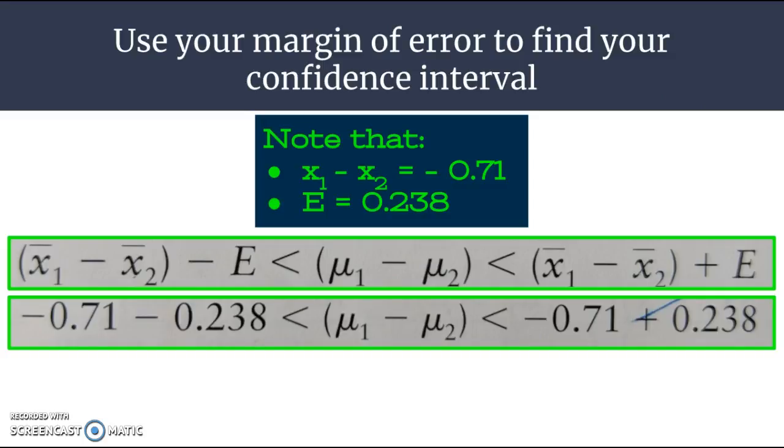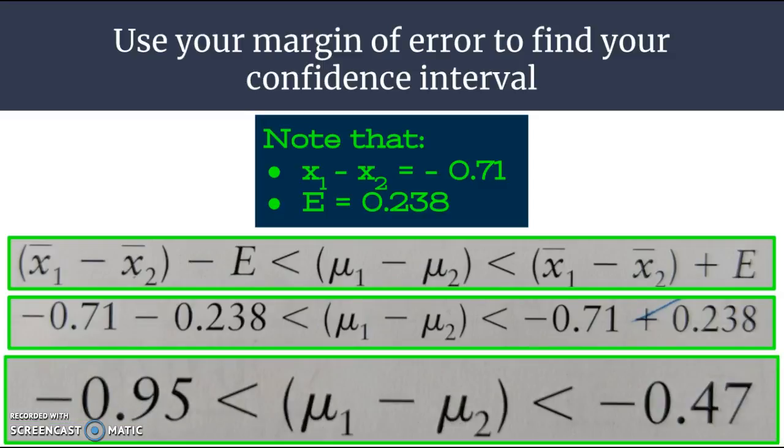Negative 0.71 minus 0.238 on the left, and on the right you have negative 0.71 plus 0.238. Once you find your numbers, you should have negative 0.95 is less than the population mean difference is less than negative 0.74. So this is basically your acceptable range for your values to be in.